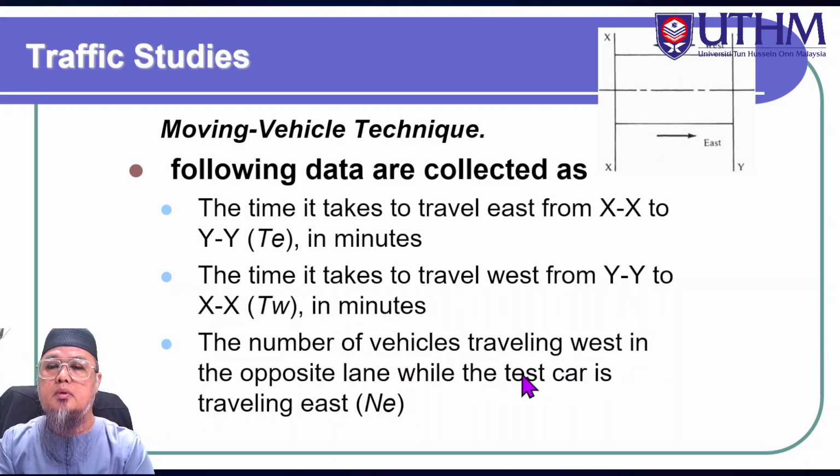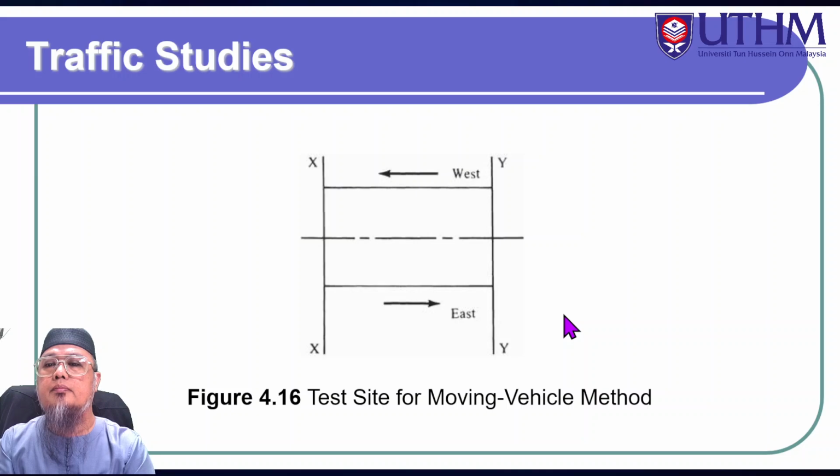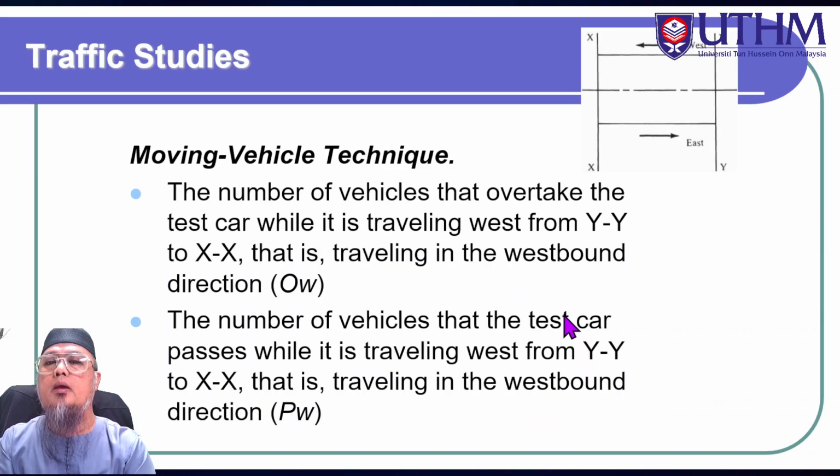They also have the test car that follows the traffic to get the time for that particular section. So they put the indication NE, the number of vehicles in the opposite lane while the test car travels east.